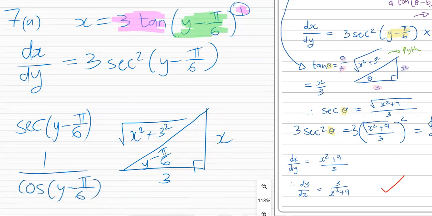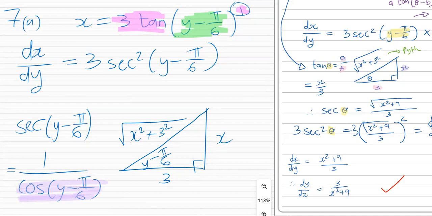Okay. So if we look at this, we can replace this entire thing with its actual value. So this can be replaced with its actual reference. So cos would be, from SOHCAHTOA, cos would be adjacent over hypotenuse.